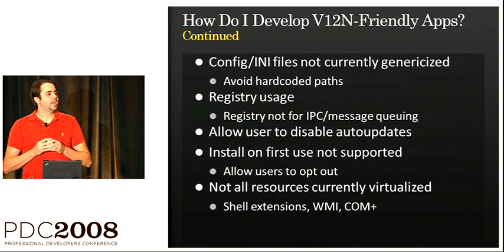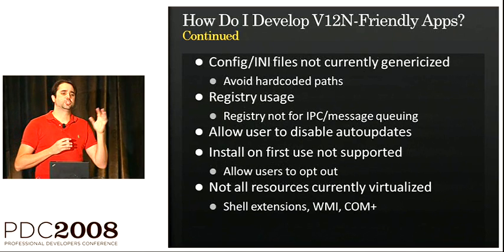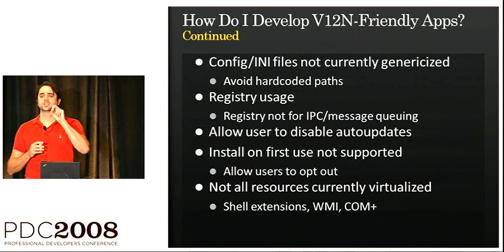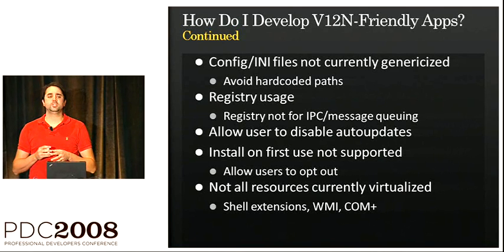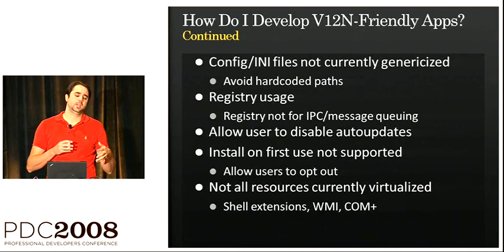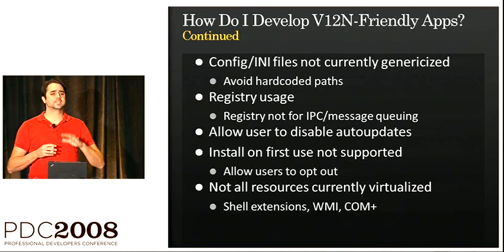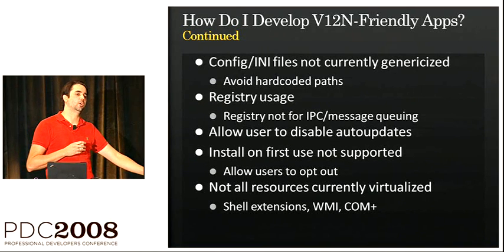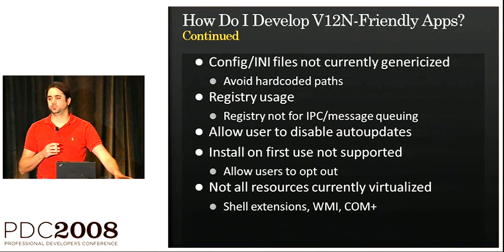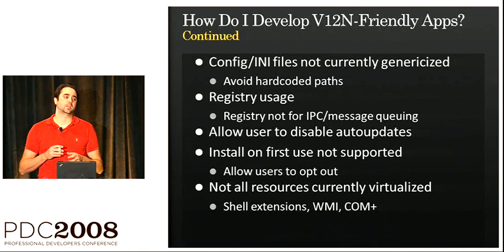Some more things. When I was speaking before about genericizing things like C:\program files, today we do that for things like the registry. We do not go through and scan all of the files that are part of the application to figure out if those paths exist anywhere else.